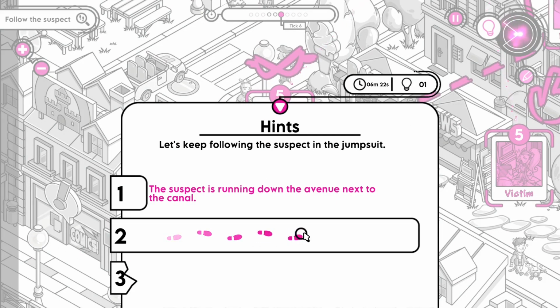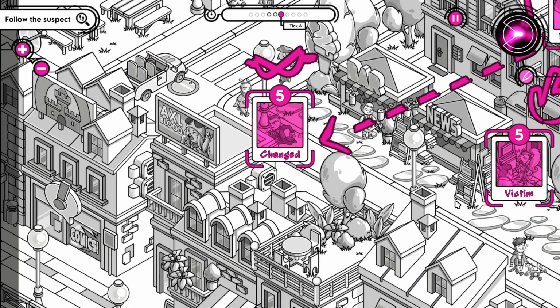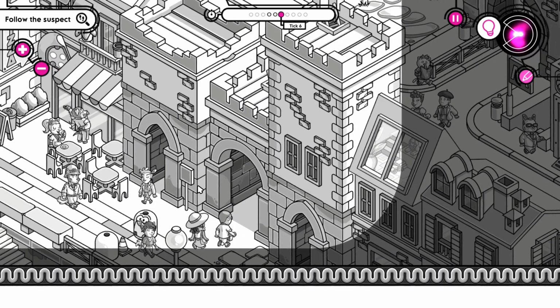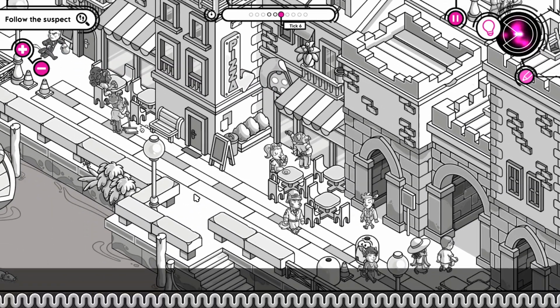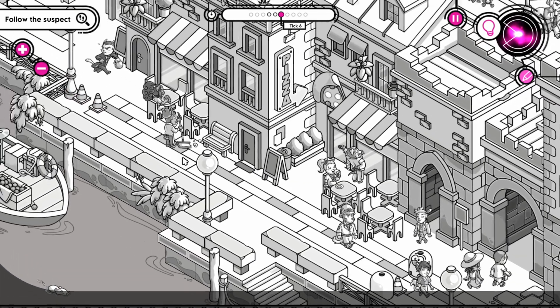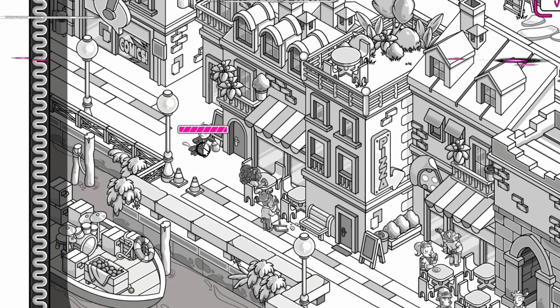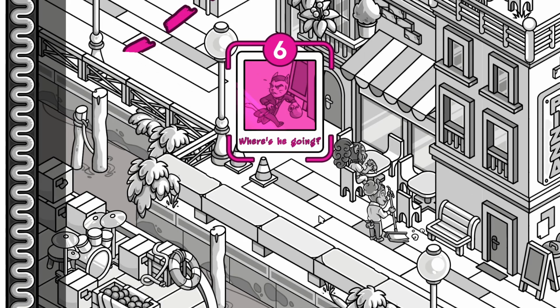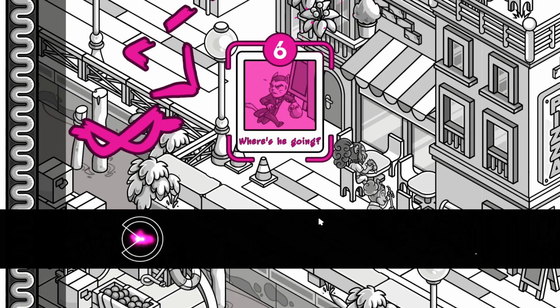Next to the canal. There he is. Where is he going?